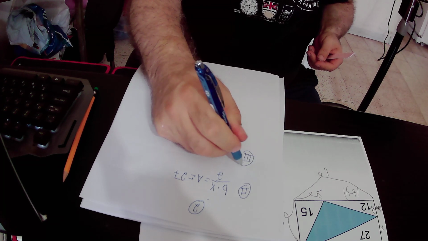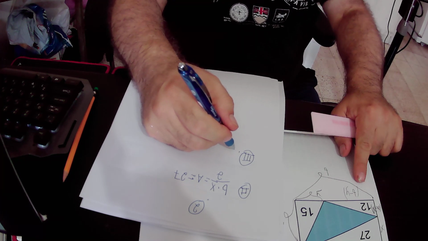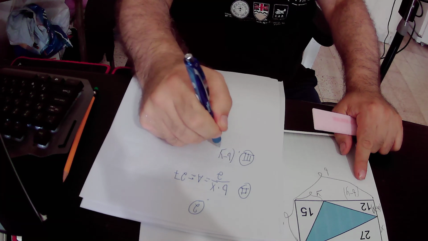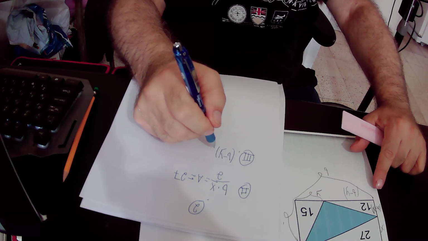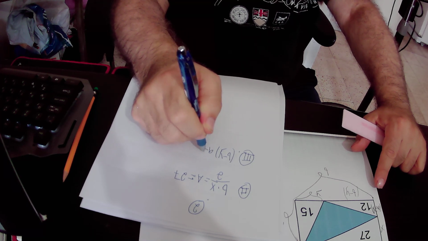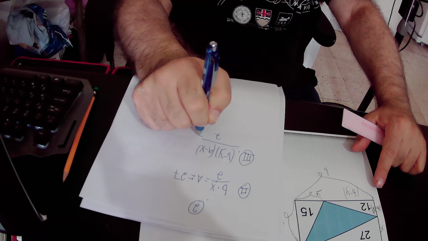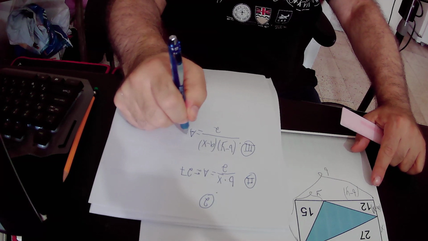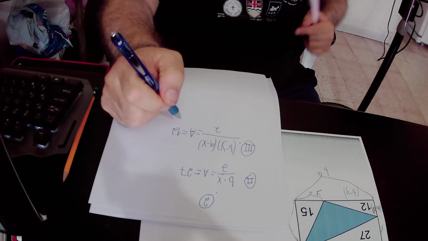So the formula for the area of the triangle is the base of the triangle, that is b minus y, times the height of this triangle, that is a minus x, all divided by 2, equals the area of this triangle. But we already know that the area equals 12 units, so we write it down.